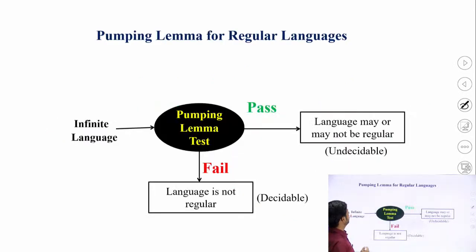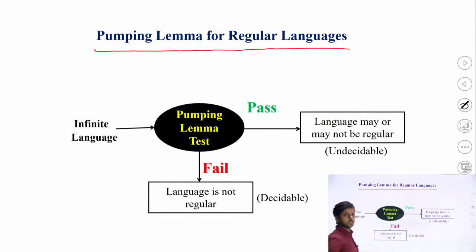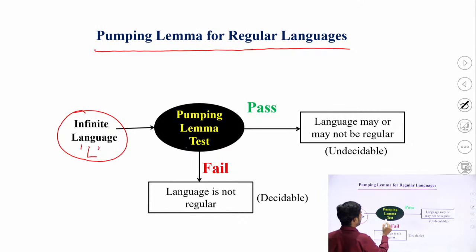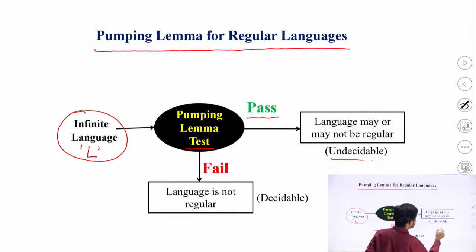Now next, let's see the pumping lemma for regular languages. Suppose we have an infinite language L, and we apply the pumping lemma test on it. If the pumping lemma test passes, then the language may or may not be regular, and it is undecidable.